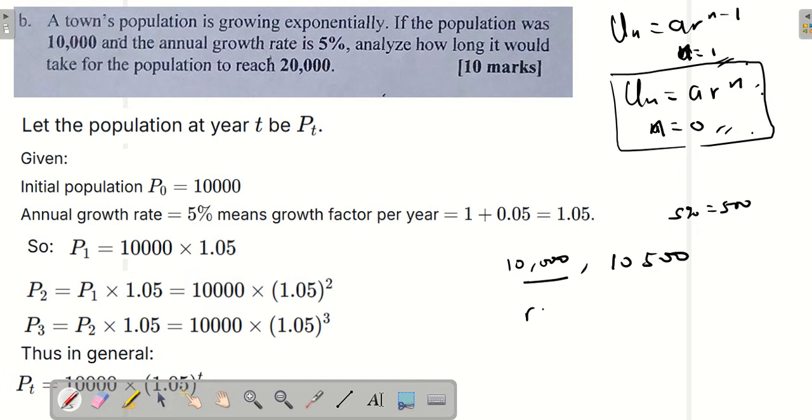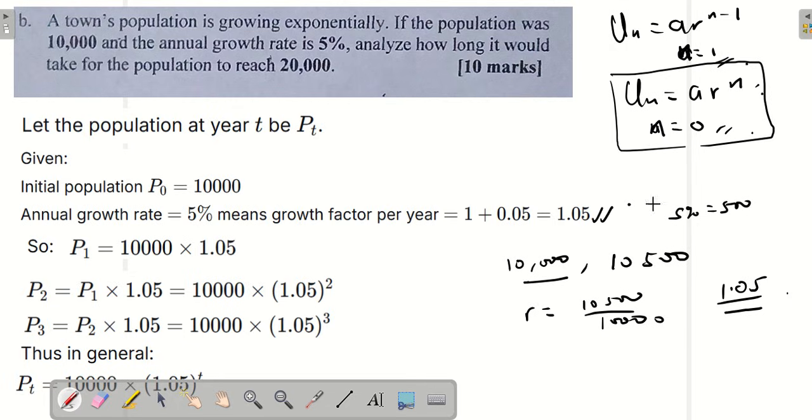So our common ratio is going to be 10,500 over 10,000. So 10,500 divided by 10,000, and that is giving me 1.05. So this 1.05 is the common ratio.